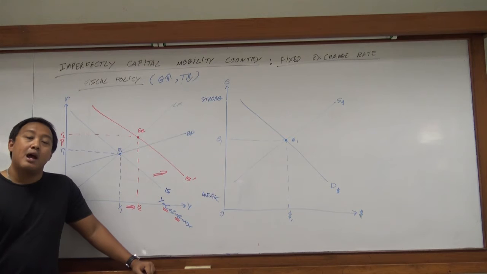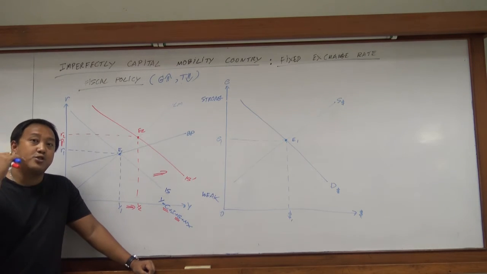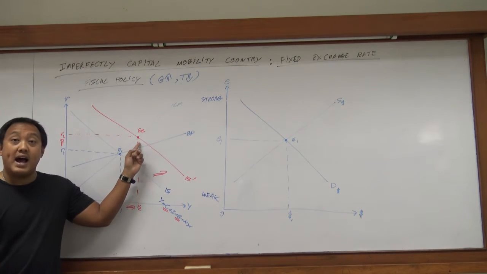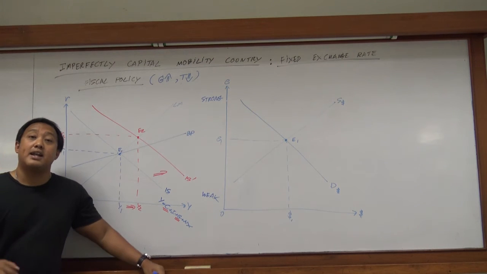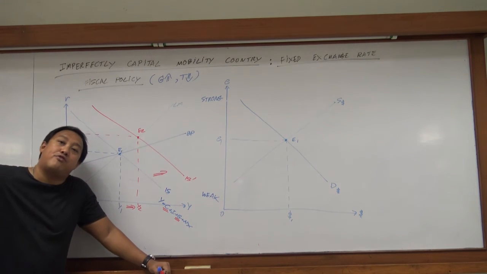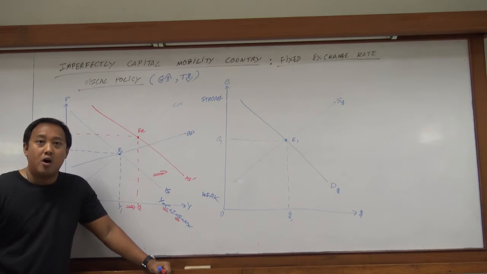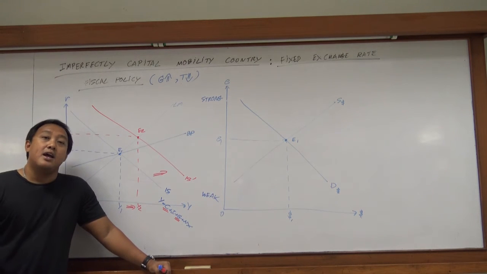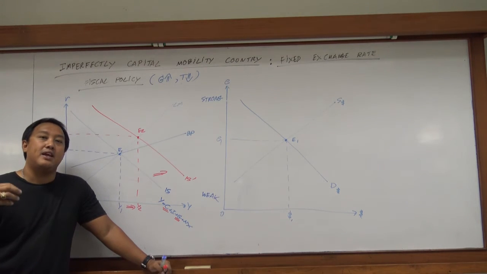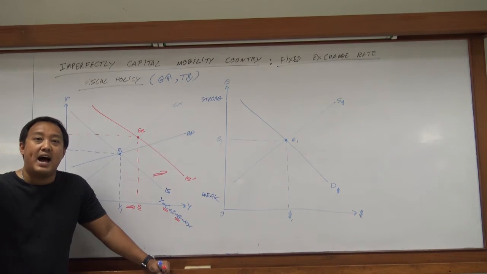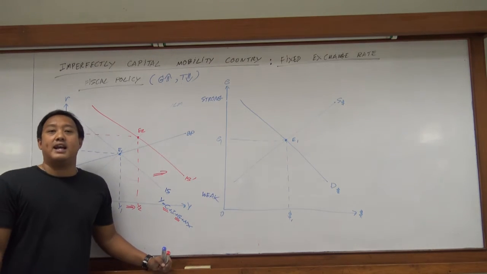So what happens? When the real interest rate in our country is higher than normal, higher than the BP curve, it means that capital or money starts to flow into our country more than before. If people around the world move their money to our country, they're going to get higher returns.